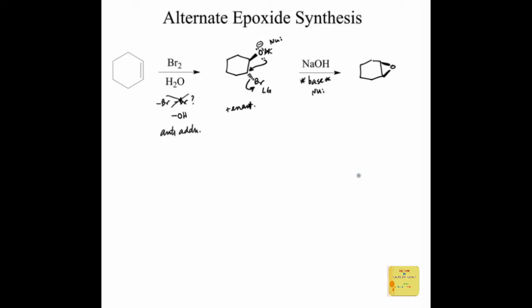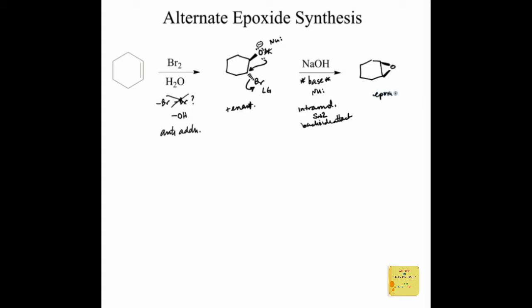Okay, so this is an intramolecular SN2, if you want to call it that. It's a backside attack. And those are possible, and we've usually seen it just for 5 or 6 membered rings, but 3 membered rings are possible too.